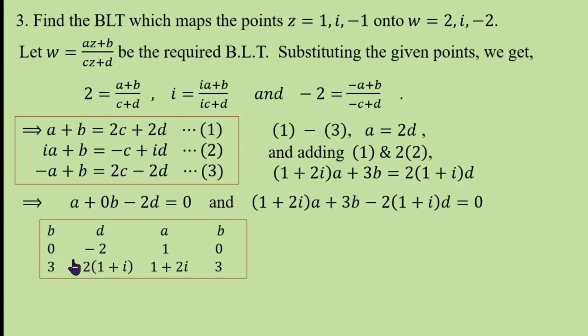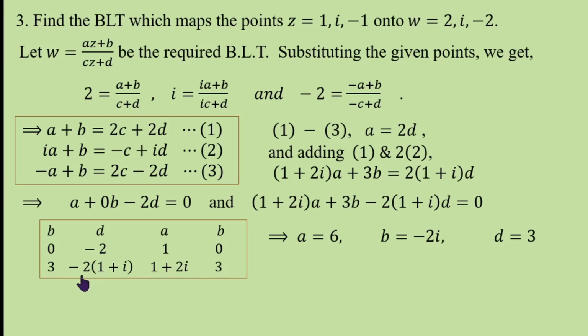Therefore a is nothing but 0 minus 3 into minus 2, which is minus 6. 0 minus minus 6, that is 6. A is 6 and b is minus 2 into (1 minus 4i minus minus plus 2) plus 2i minus 4i plus 2i is minus 2i.